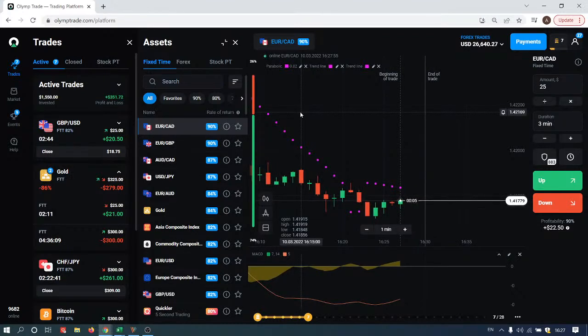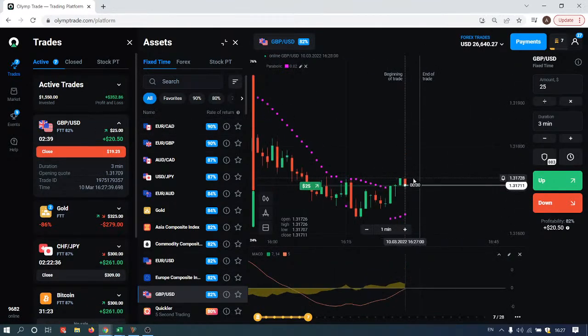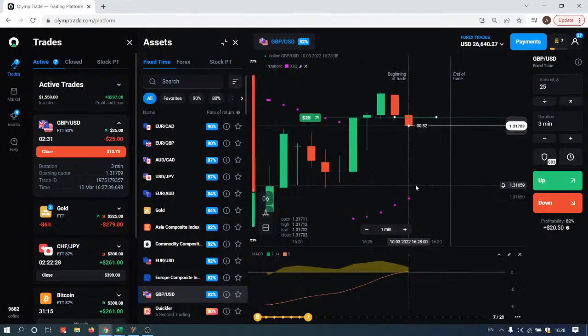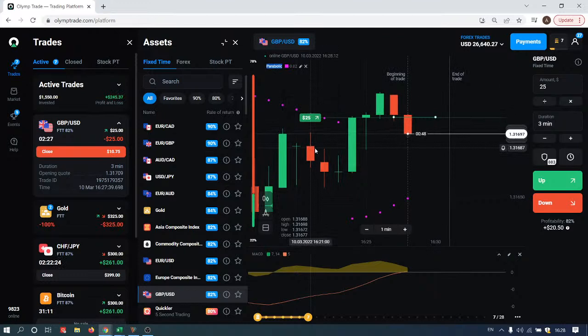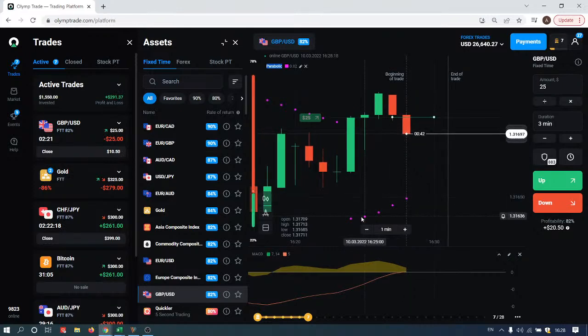Okay, guys. So once again, why did I open this? Let me go ahead and repeat the logic behind this strategy. In this strategy, we have two indicators. The first one is called the parabolic indicator, and it appears on the chart in the form of these purple dots.